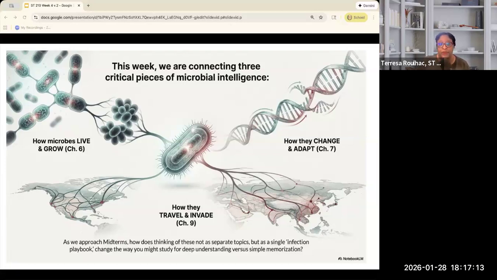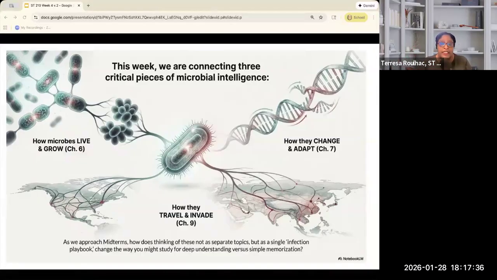Okay. Now, we're getting closer to the midterms. So I know that it can be daunting with how many chapters and how many organisms and different things go through. But I want you to not separate, okay, well, this is chapter 6 versus chapter 7 and chapter 9 separately.